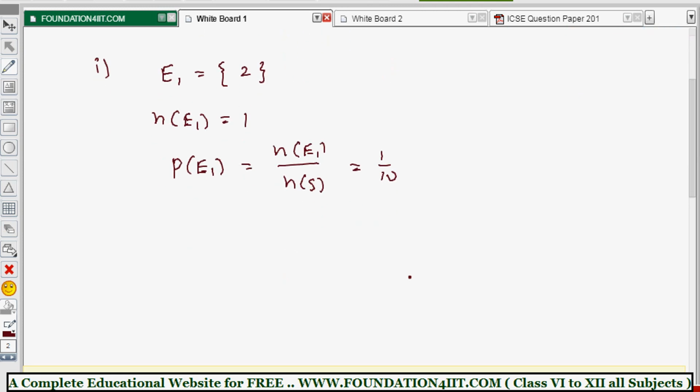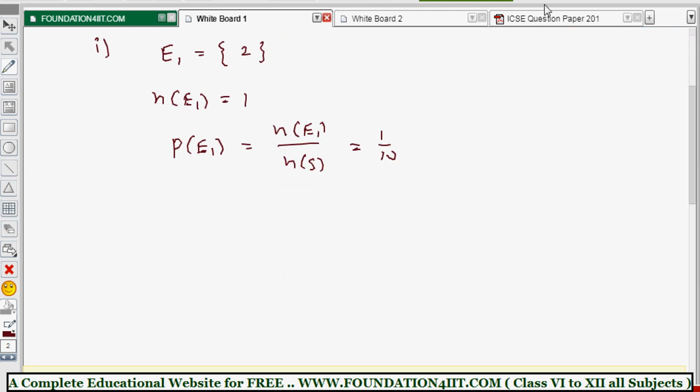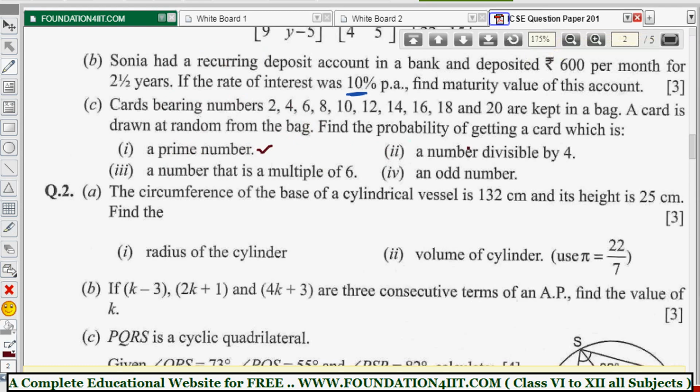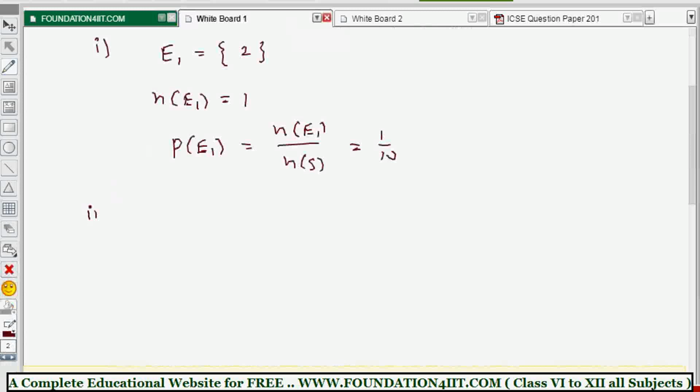Then second, n of S is common for all the questions. And second is, the number is divisible by 4. Okay. Number divisible by 4 is event E2. Then favorable cases E2 are those divisible by 4, which means 4, 8, 12, 16 and 20.